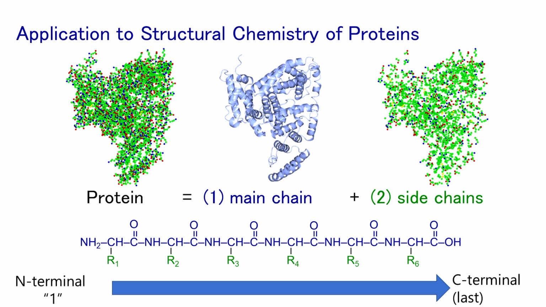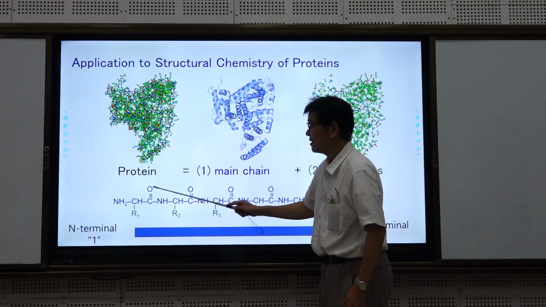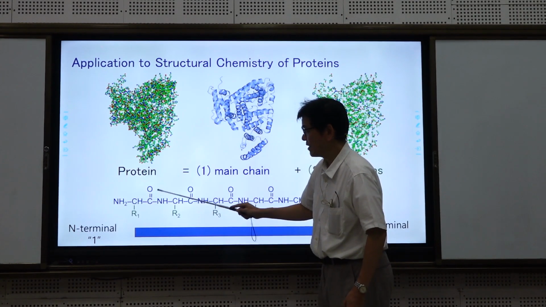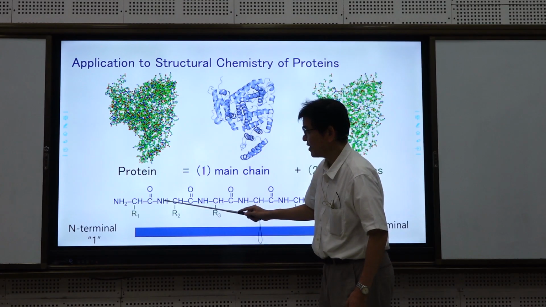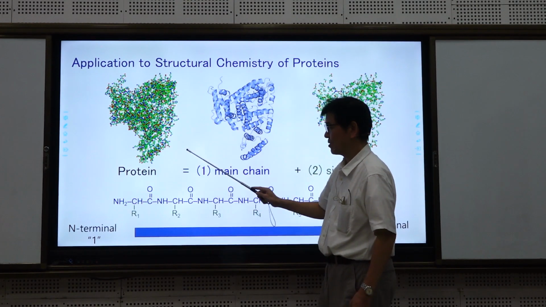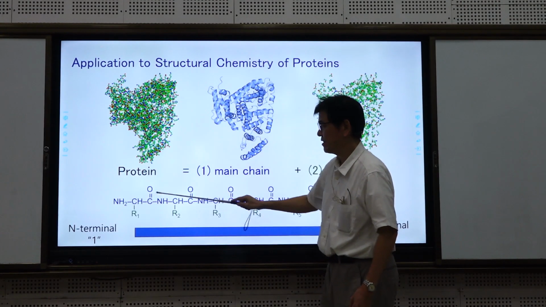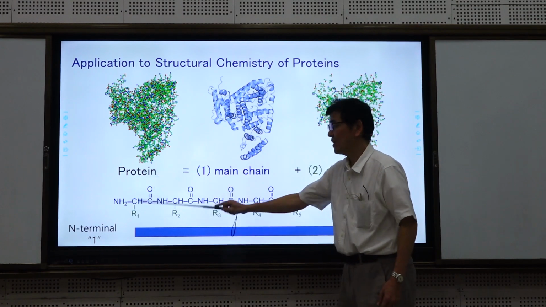You know the protein is a polymer that consists of units of amino acid. NH2CHRCOOH is the amino acid, and COOH and NH2 combine, and H2O is removed. Then the peptide bond CONH is formed.